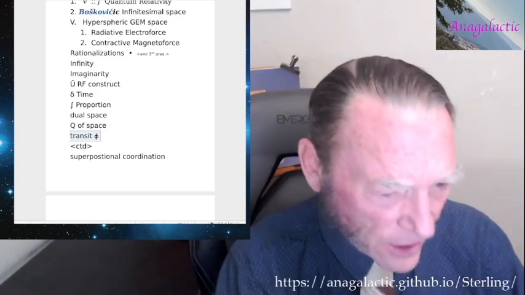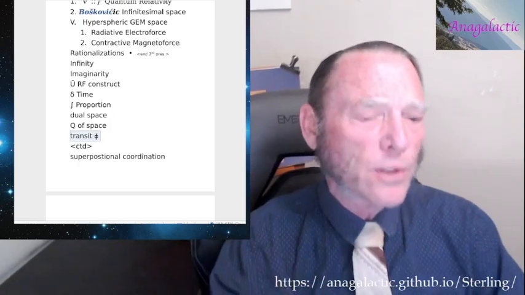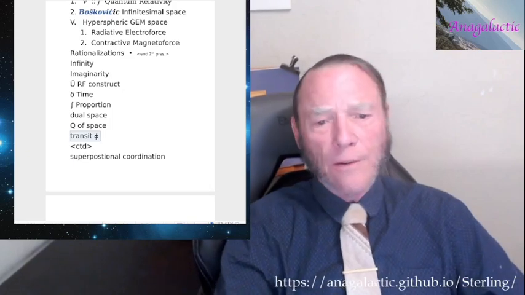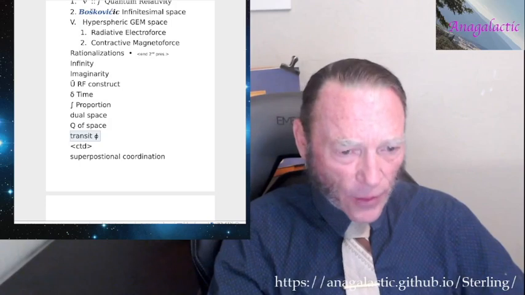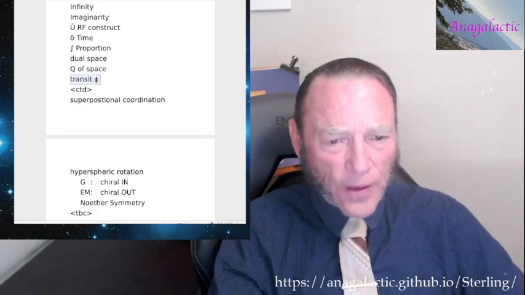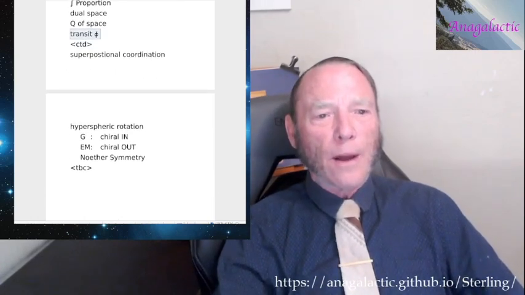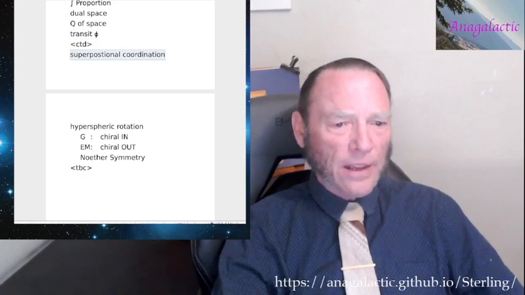This includes emission, transmission, and absorption, which is called the collapse of the wave function. I'll show you why your physicists misnamed everything, and they'll never get the answer. I got the answer. And then we'll talk about superpositional coordination, the key to space-time.